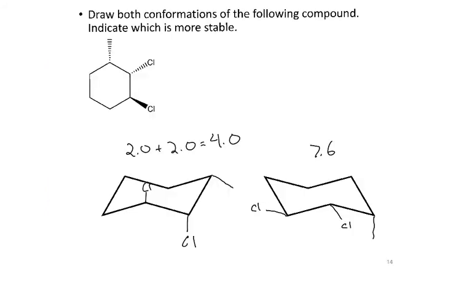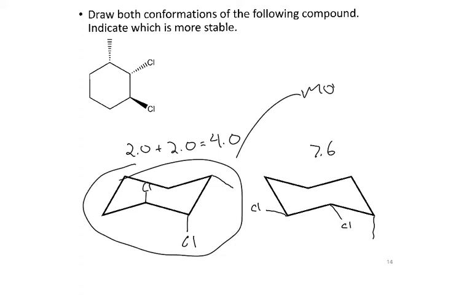So when I have 2 chlorines that are axial, that gives me 4 kilojoules per mole of diaxial interaction. But just 1 methyl in the axial position gives me 7.6, so that makes this the more stable conformation.